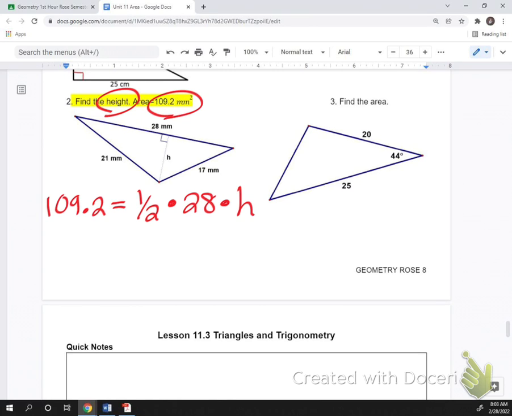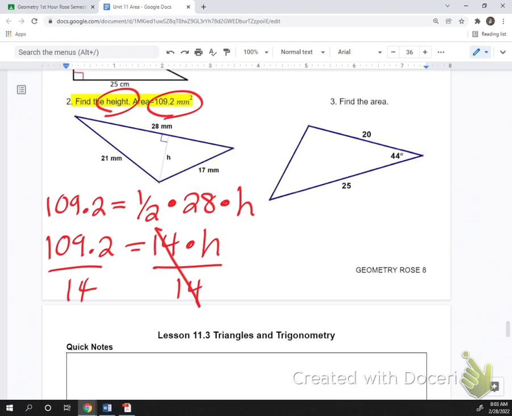What's half times 28? 14. So I've got 14 times h, but I want to get h alone. Divide by 14 on both sides to get h alone. What do we get? 7.8, and we'll label it as millimeters.